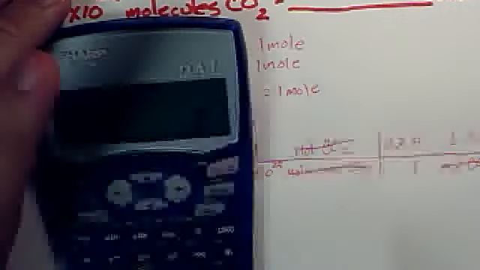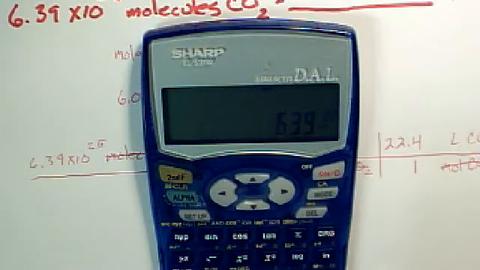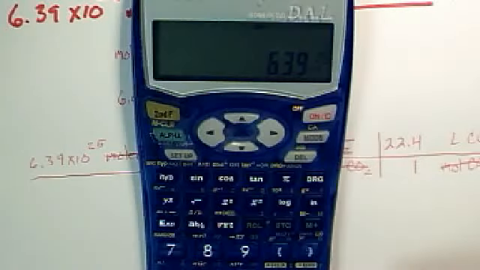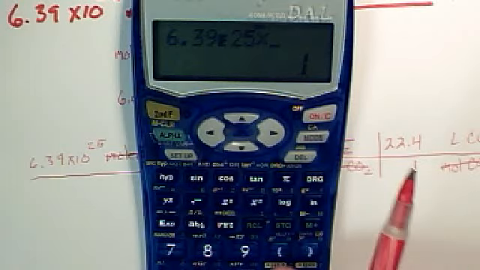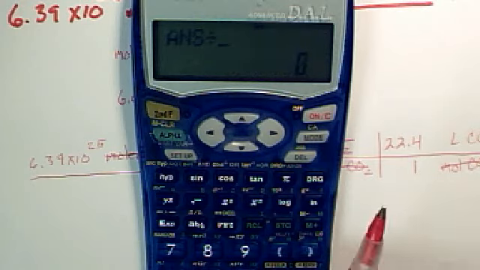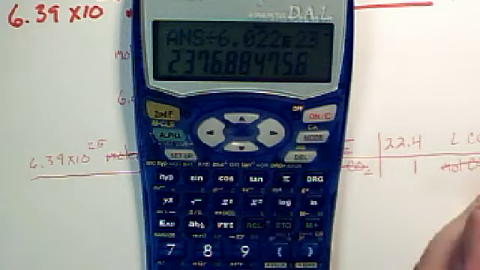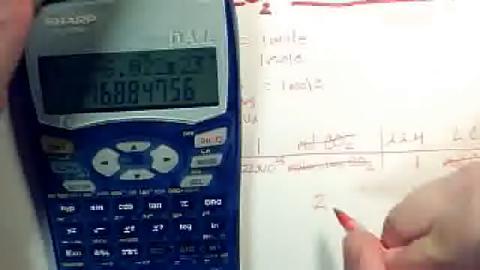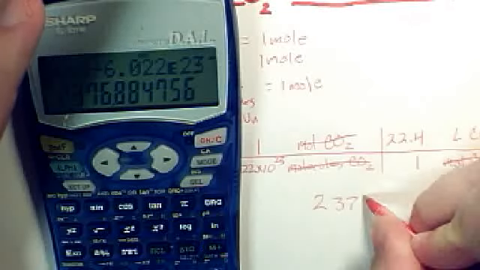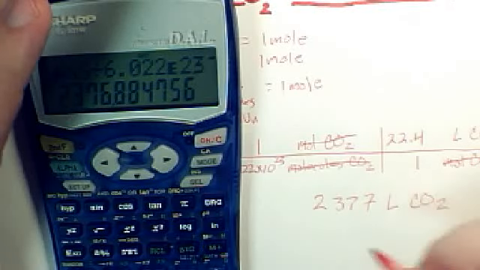So I do 6.39 times 10 to the 25th times 1 times 22.4 equals that number. And then I divide it by Avogadro's number, 6.022 times 10 to the 23rd, and I get 2,377 liters of CO2.